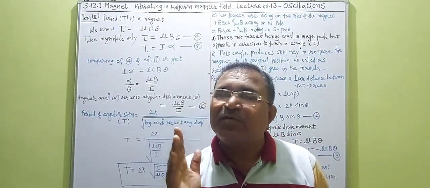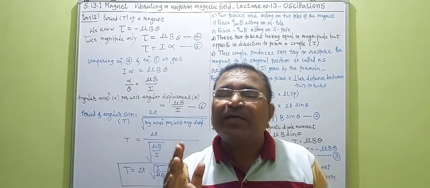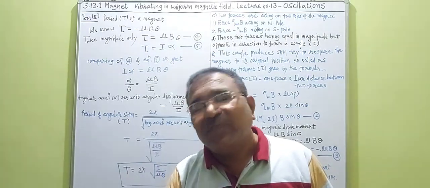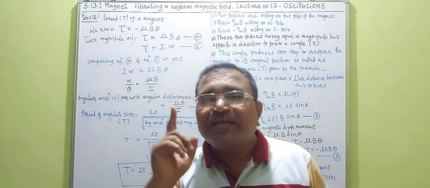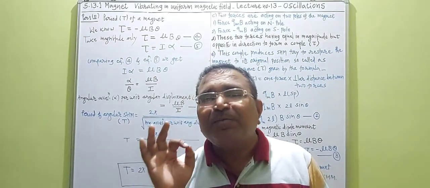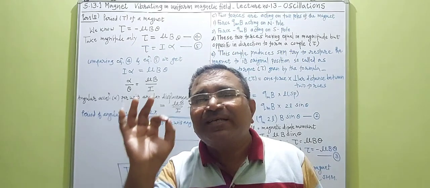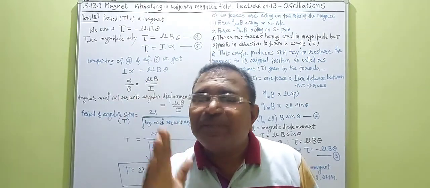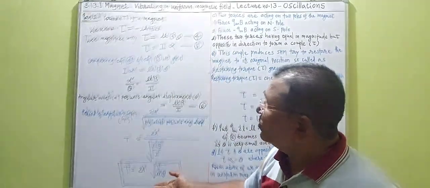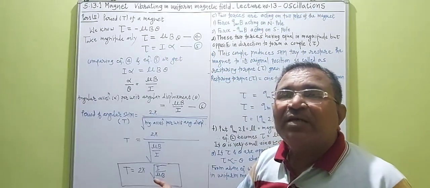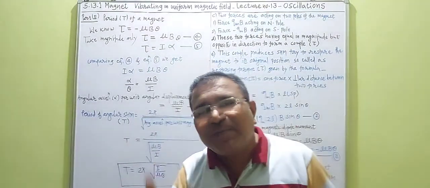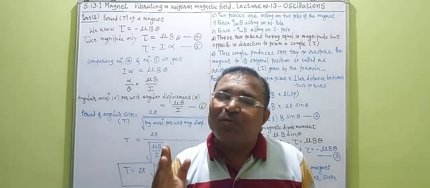Capital T is equal to 2 pi square root of capital I upon mu B, where capital I is the moment of inertia of a magnet about a particular axis, mu is magnetic dipole moment and capital B is magnetic field. By making use of this formula, we can derive the period of an oscillating magnet, a vibrating magnet in uniform magnetic field.